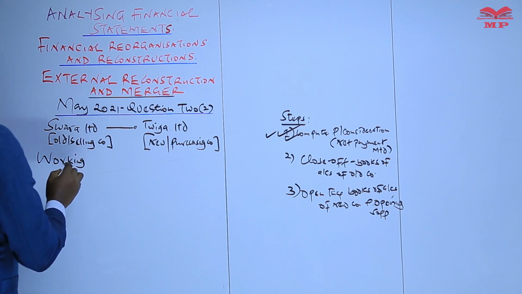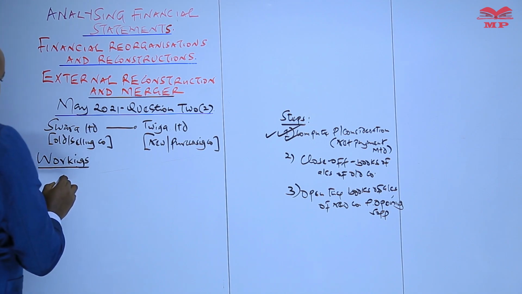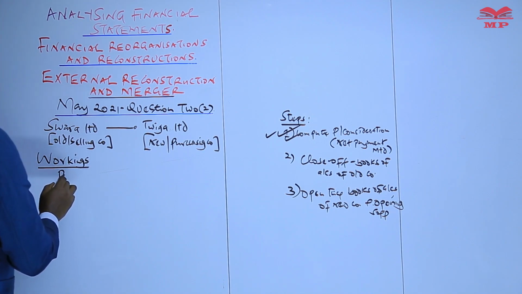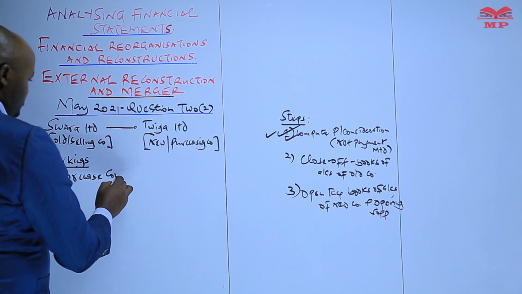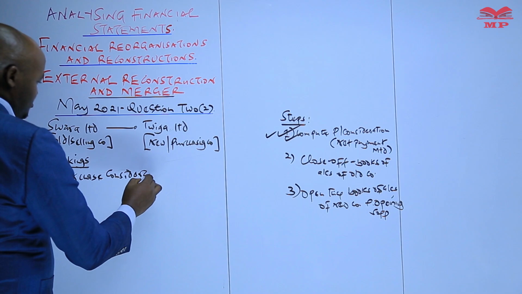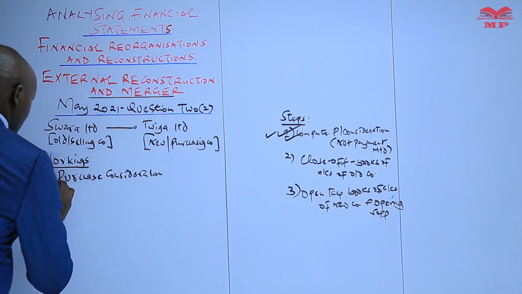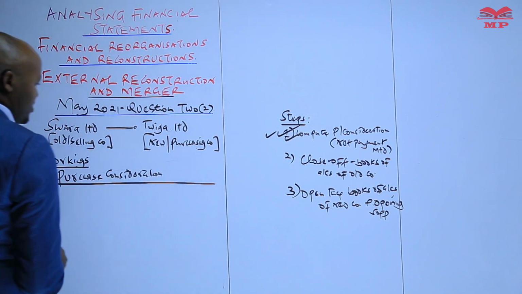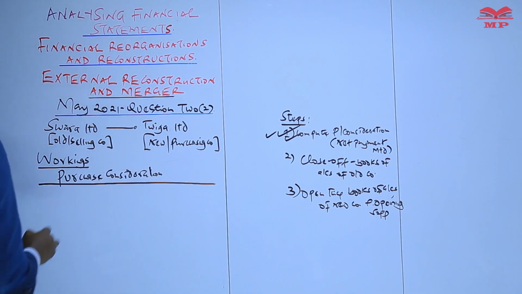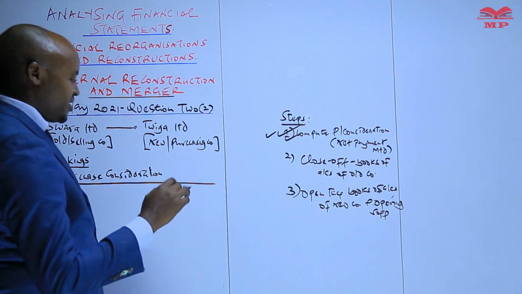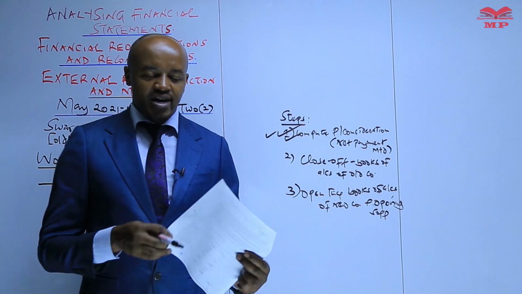So the first working, or the first item we need to compute here, is purchase consideration. And I've said we compute that by adding the payments made to the ordinary shareholders, the preference shareholders, and the other financiers of Swara Limited.